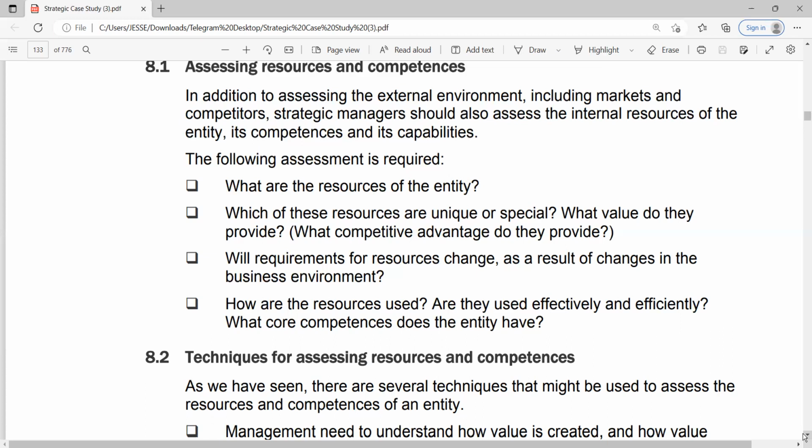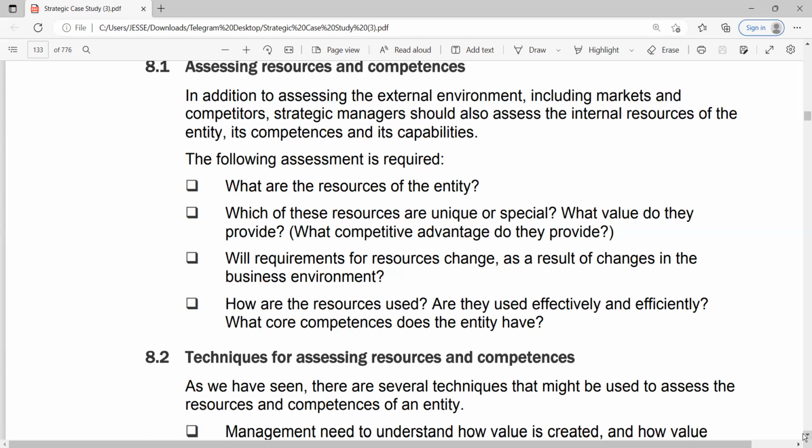So the following assessment is required. What are the resources of the entity? Which of these resources are unique? We talked about these things in our previous videos. What value do they provide? Will requirements for resources change as a result of changes in the business environment? We are talking about adaptability here.